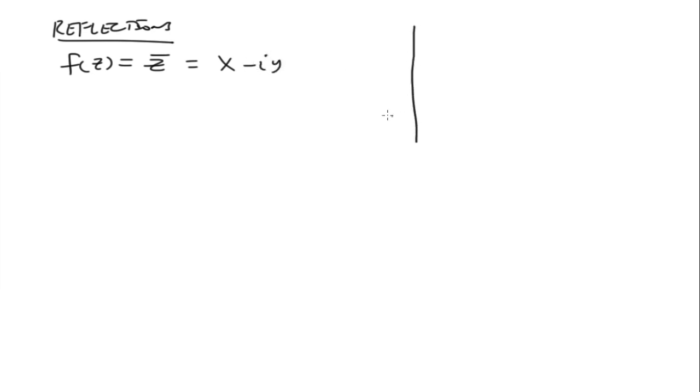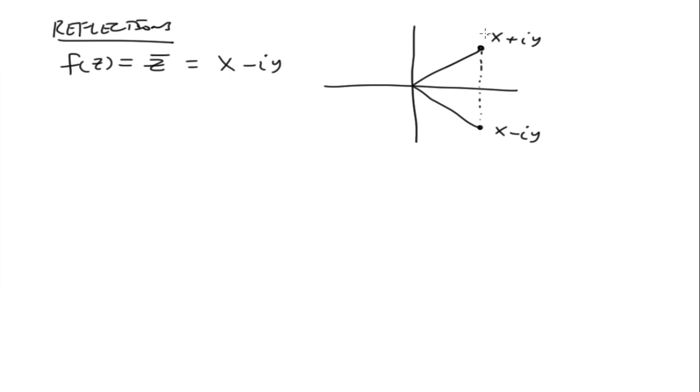And that's a reflection about the real axis. So if here's my point x plus iy, the function takes every point and flips it to x minus iy. So that would be a nice reflection transformation, or a reflection mapping.